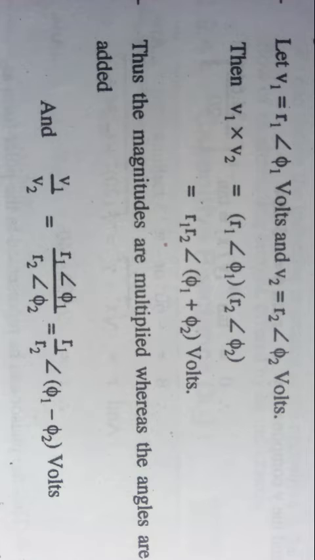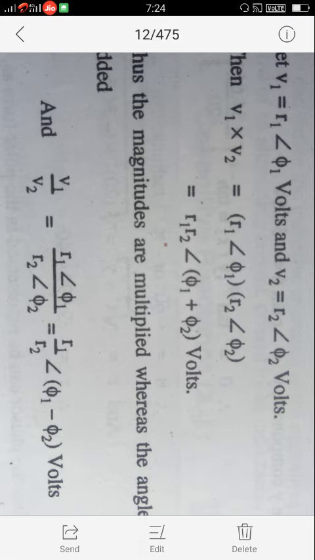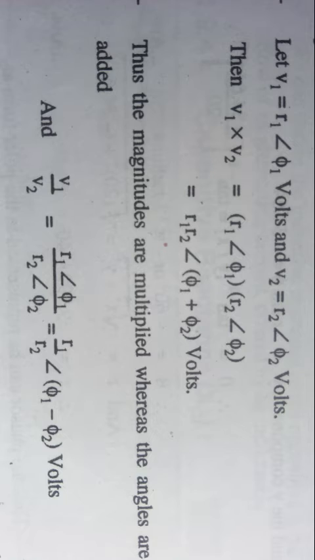The final answer is r1 upon r2, this is only the division of magnitudes, at an angle phi 1 minus phi 2, that is subtraction of phase angles.